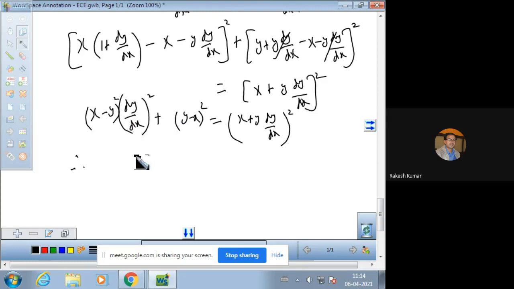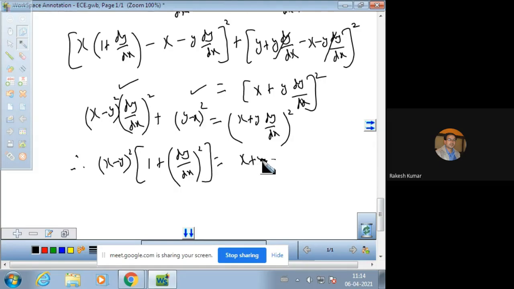we can take (x minus y) whole square common in this term and in this term, and in place of this you will have (1 plus dy by dx) whole square, and on the other side (x plus y dy by dx) whole square. Now because we are taking (x minus y) whole square common, it will not make any difference because whole square is there.